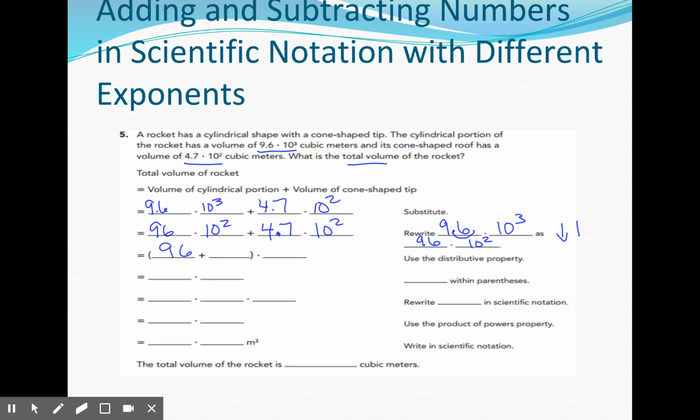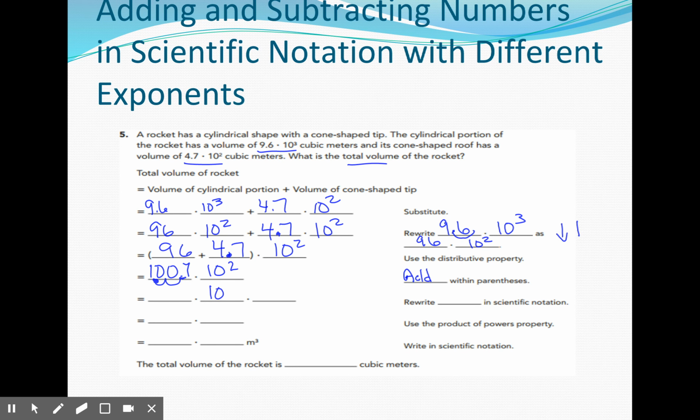So I'm just now rewriting it using the distributive property. 96 plus 4.7 would be 100.7 times 10 squared. So now I need to rewrite it in scientific notation. This time I'm moving my decimal 2 spaces to the left.